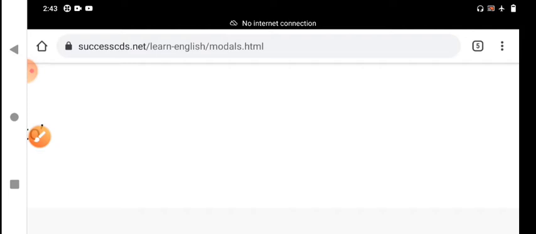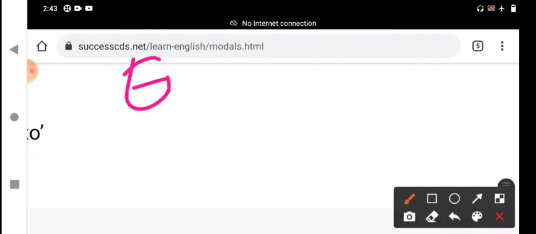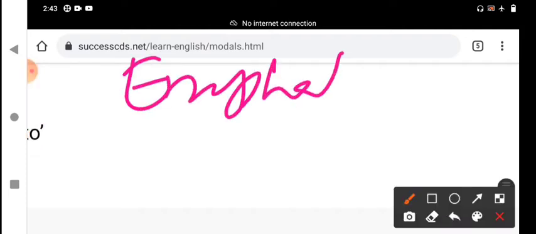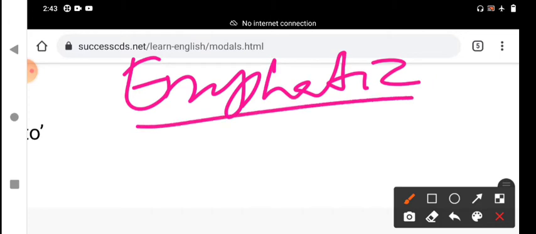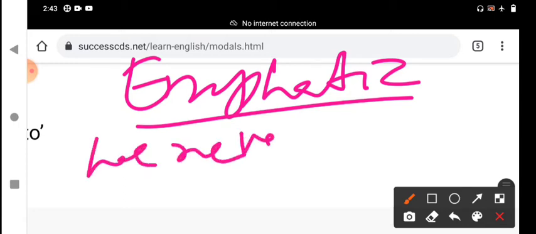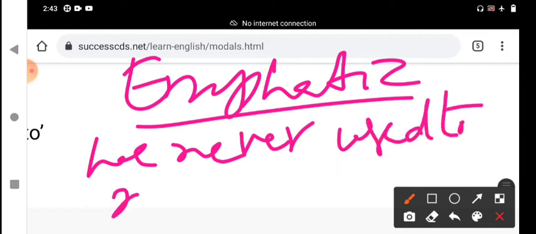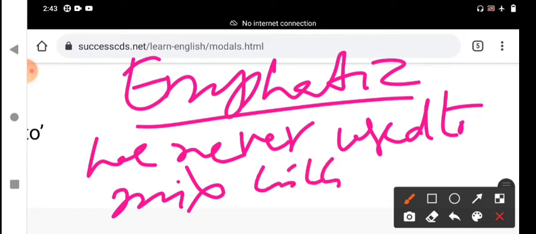And then emphatic did. It is one of the usages of the modal verb used to. Emphatically we use used to in the sentence. We construct: we never used to mix very much with the neighbors. Emphatic. We never used to mix with neighbors.